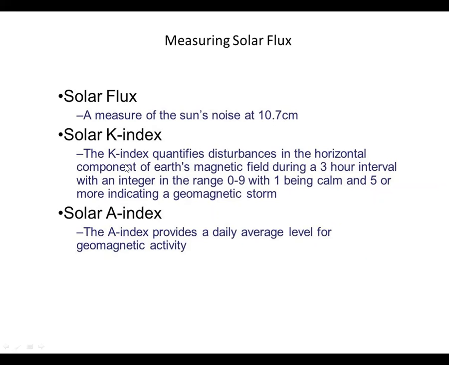There's a solar K index, and it measures or quantifies disturbances in the Earth's magnetic field during a 3-hour interval with a range of 0 to 9, with one being calm and 5 or more indicating a geomagnetic storm. That can disrupt communications. And the A index provides a daily average level for geomagnetic activity.